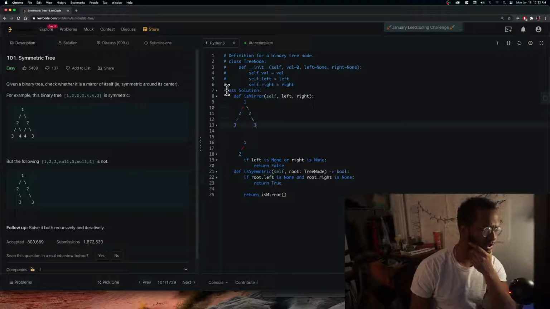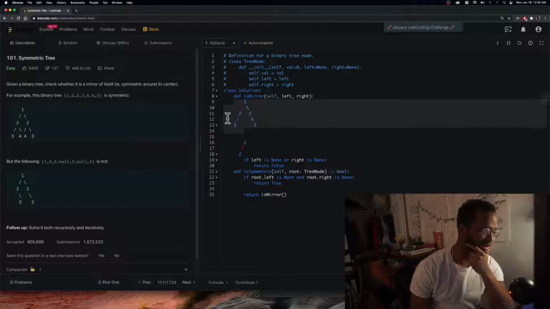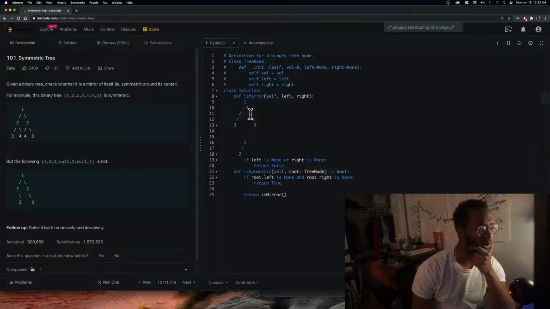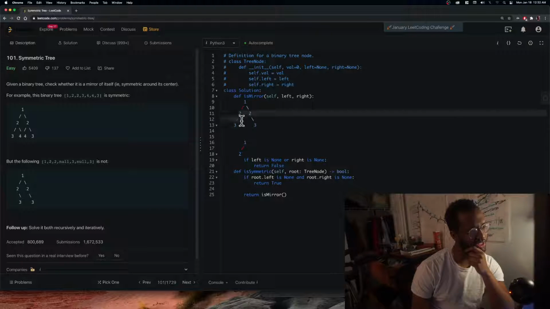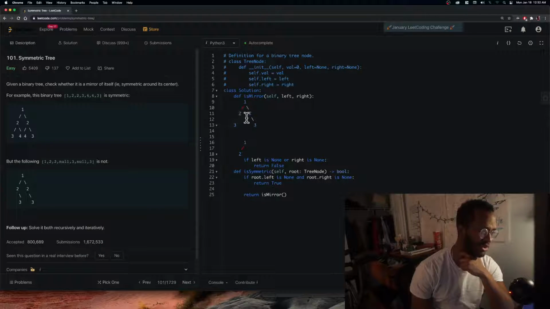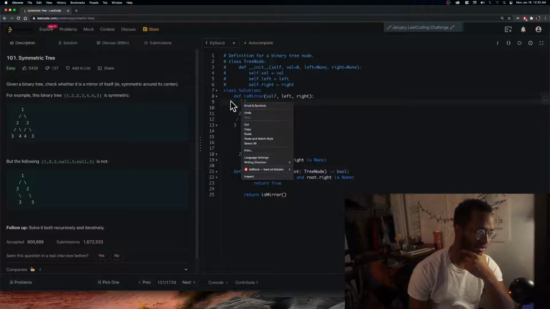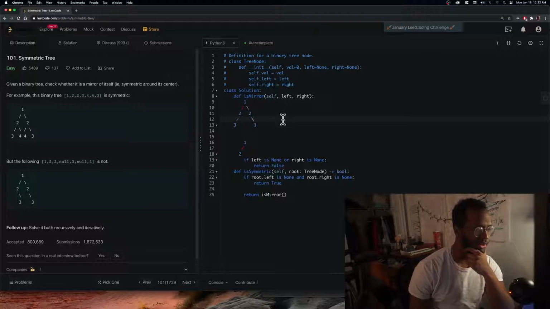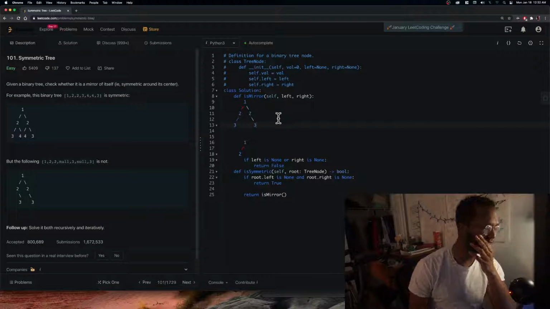Here we have a tree that is symmetrical. But on the second level, both of these nodes are missing a node. And that's good in this case, because that would mean they're symmetrical, because both of these nodes are missing. This node's missing its left node, this node is missing its right node, and this node is missing its left node. So that's good. That means this is a symmetrical tree. So we need to handle those cases.